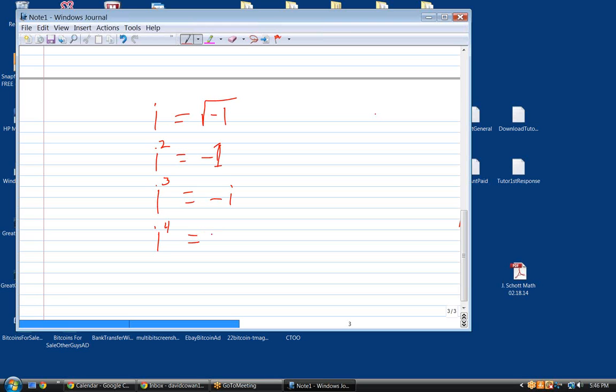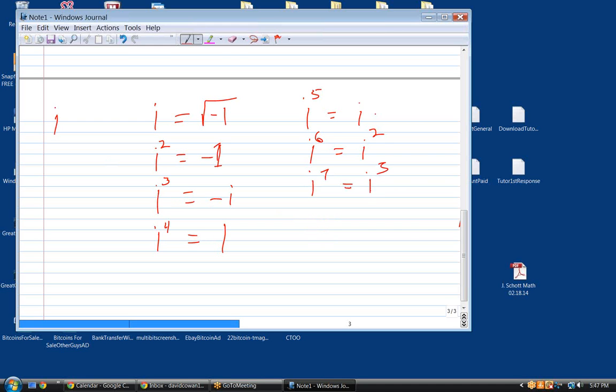Okay. And then I to the fourth? Is 1. Because it's I squared times I squared. Now, I to the fifth is just I. And I to the sixth is I squared. And I to the seventh is I cubed.